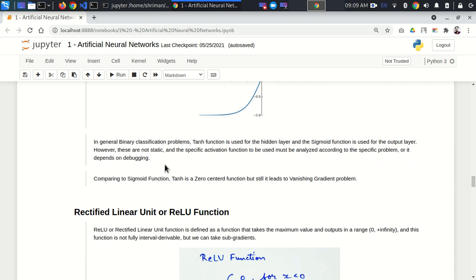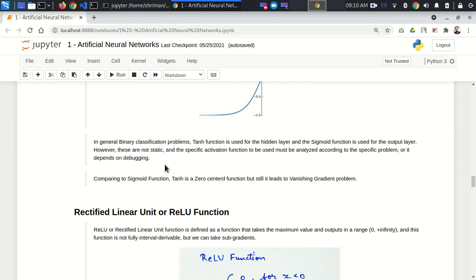Now, in a general binary classification problem, for two classes, the tanh function is used for the hidden layers, and the sigmoid function is used for the output layer. However, these are not static, and the specific activation function to be used must be analyzed according to the specific problem. It will depend upon your use cases, your data, your requirements, so you can try all of them.